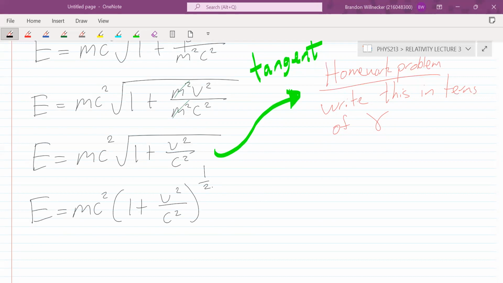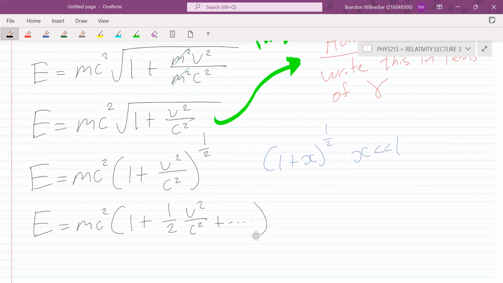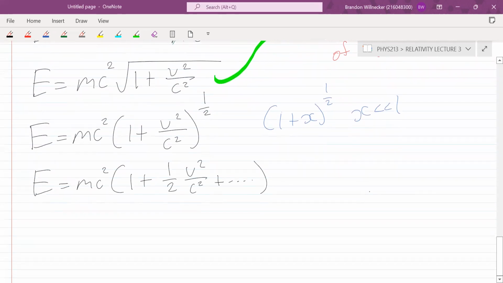This expression, 1 plus x to the 1/2, for x being very, very small, we can expand out. In fact, we can expand it out as mc squared times 1 plus 1/2 v squared over c squared plus some higher order terms. We're not too worried about those higher order terms because they get smaller and smaller as you go up.